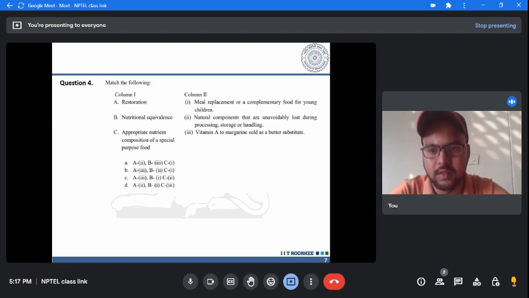So, which is the correct answer? They have given the options: A is A2, B3, C1; B is A3, B2, C1; C is A3, B1, C2; and D is A2, B1, C3. So you need to answer rightly. What will be the right answer for restoration?